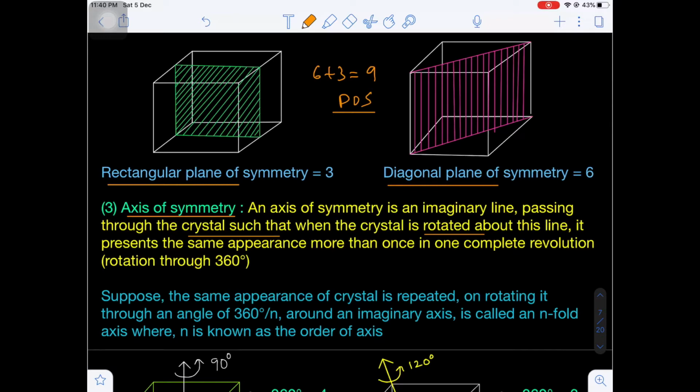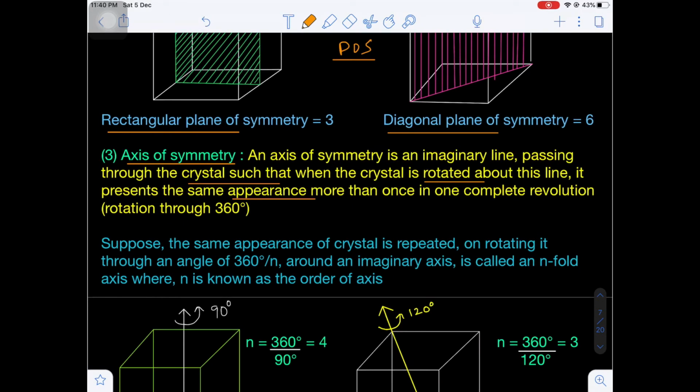Once again, it is an imaginary axis passing through the center of the crystal, through which, if the crystal is rotated through a certain angle, and the same structure reappears more than one time, then that crystal possesses an axis of symmetry.